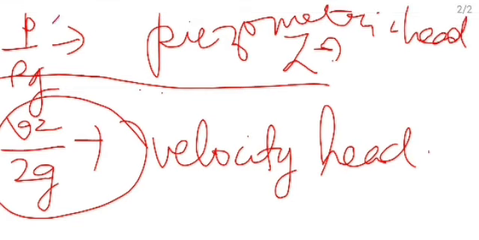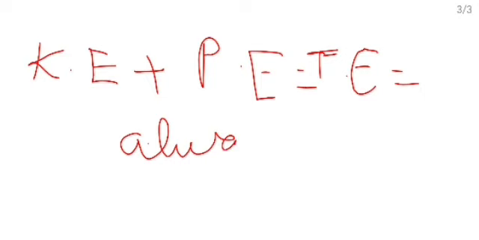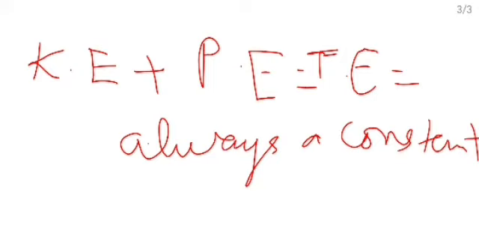P by rho g is pressure energy, z is datum head. The energy possessed by the fluid due to z is nothing but due to its height difference. So simply Bernoulli's equation can also be derived from the idea that kinetic energy plus potential energy is the total energy. This total energy is always a constant. From that only we are getting the same.